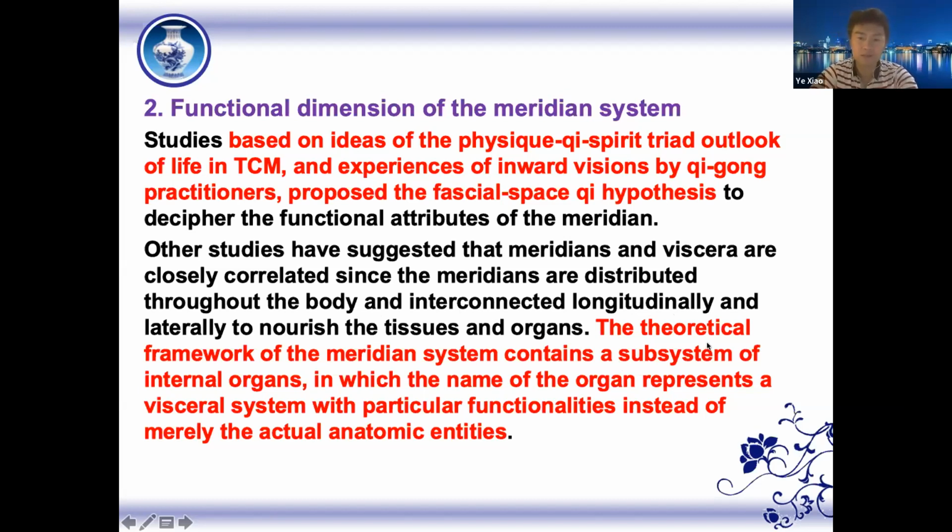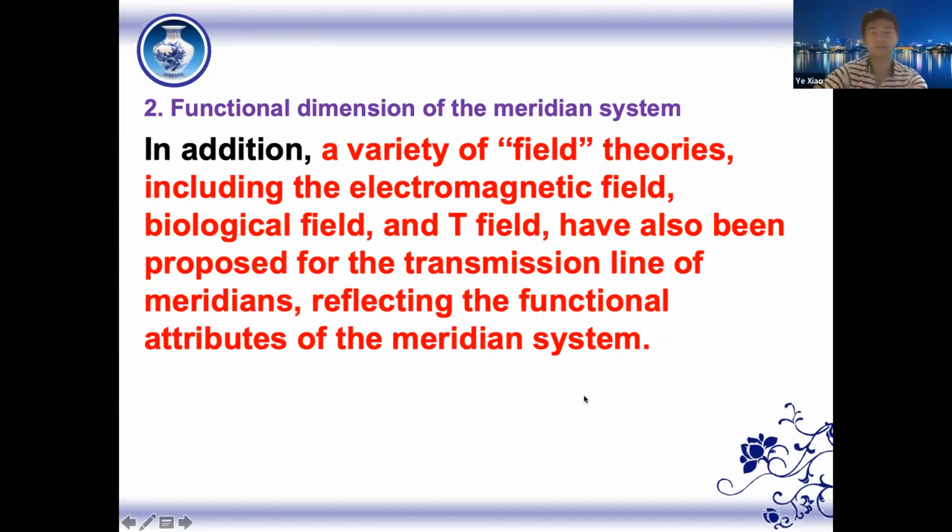So the theoretical framework of the meridian system contains a subsystem of internal organs in which the name of the organ represents a visceral system with particular functionalities instead of merely the actual anatomical entities. And in addition, there are also lots of studies about field theories related to the meridian system.